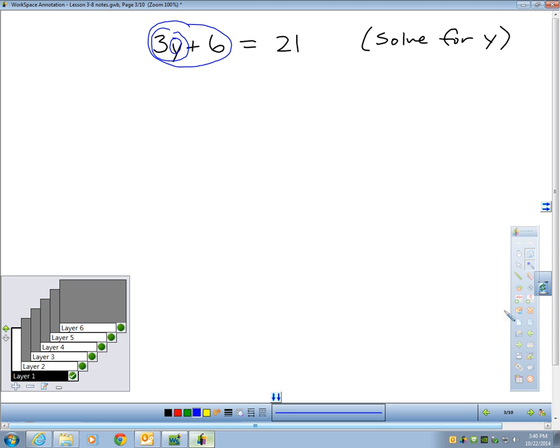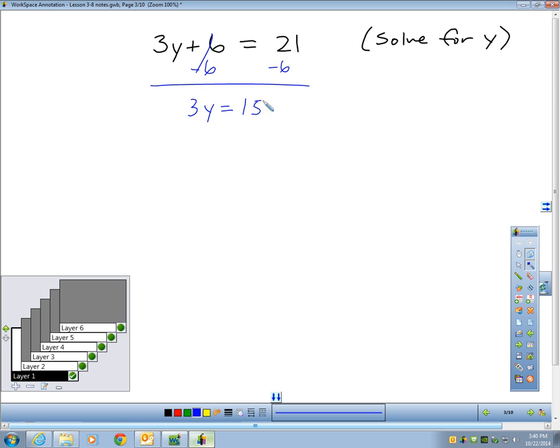I have to get rid of the plus 6 layer first. I'll take away 6. That gives me 3y equals 15. Then I'll divide each side by 3, and I'm getting y equals 5.